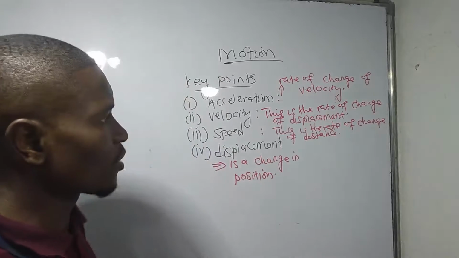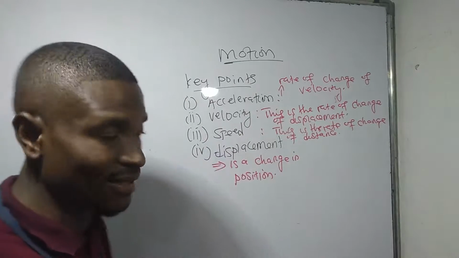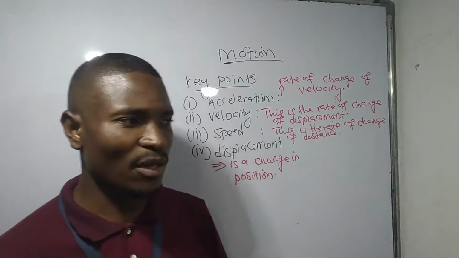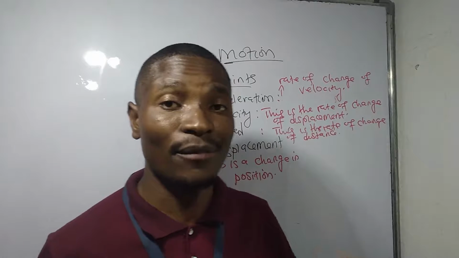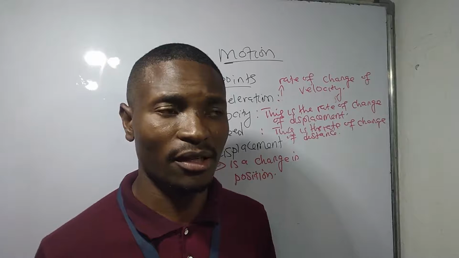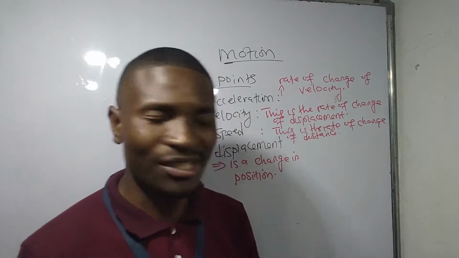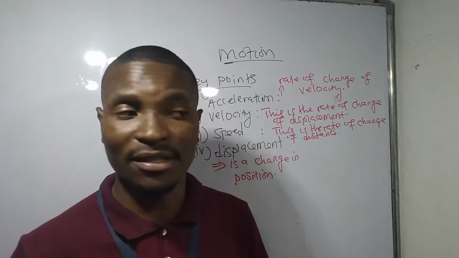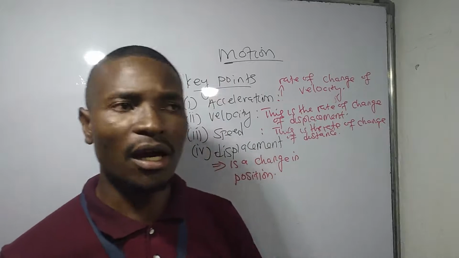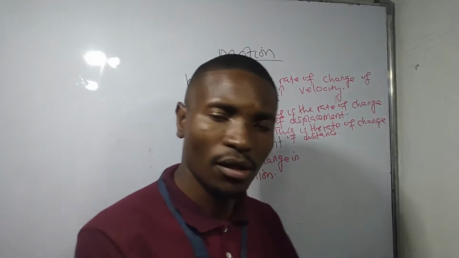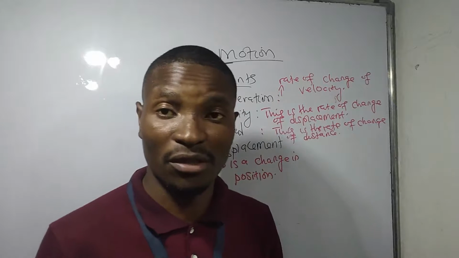When you look at all these terms, these are the quantitative terms that can be used to describe the motion of an object. The object can be accelerating, the object can be moving with a certain velocity, the object can be changing position with respect to time.